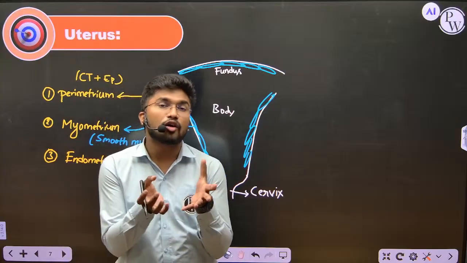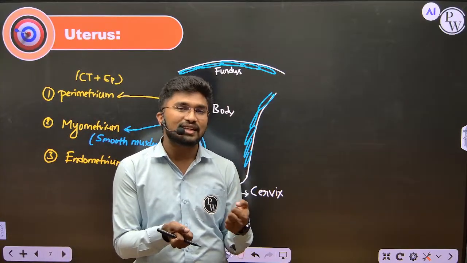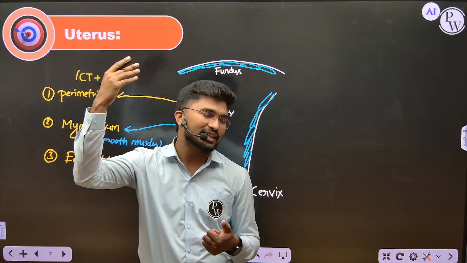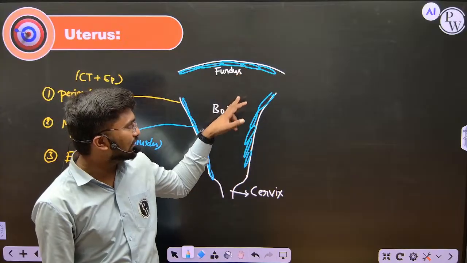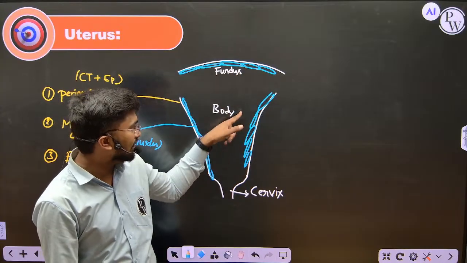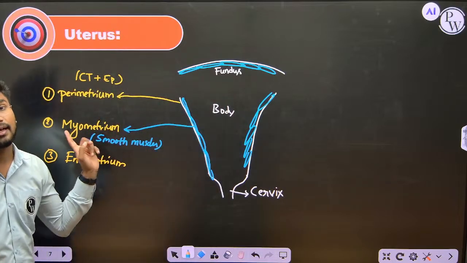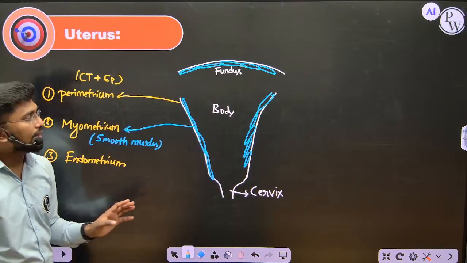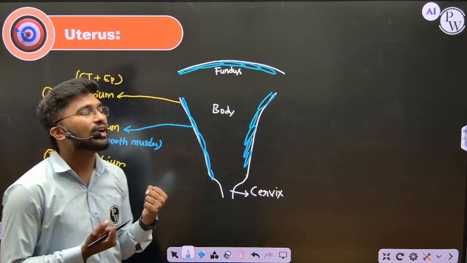For that strong uterine contraction, we require muscular movement that is triggered by oxytocin. Anyway, we'll study it at the end of the chapter. That oxytocin will act on this particular layer. Which layer am I speaking about? The middle layer. What is its name? Myometrium. So the function of the myometrium is to initiate strong uterine contractions.